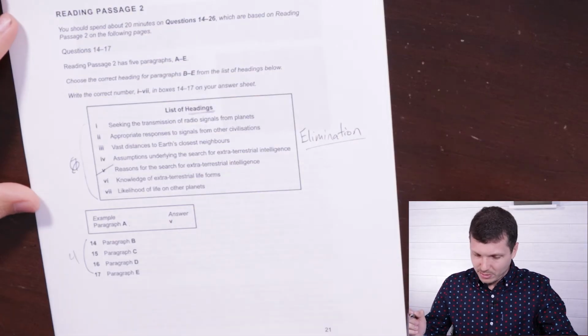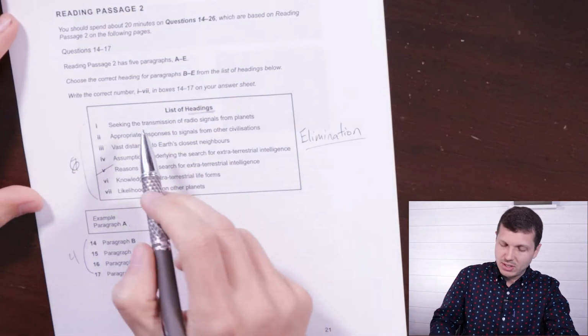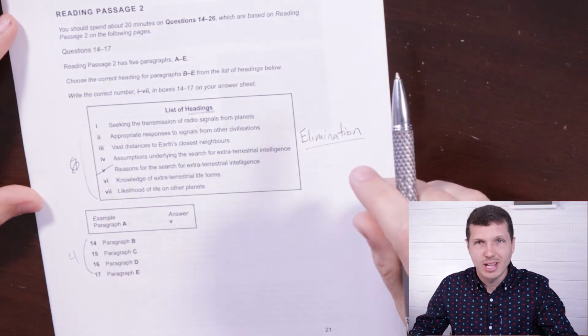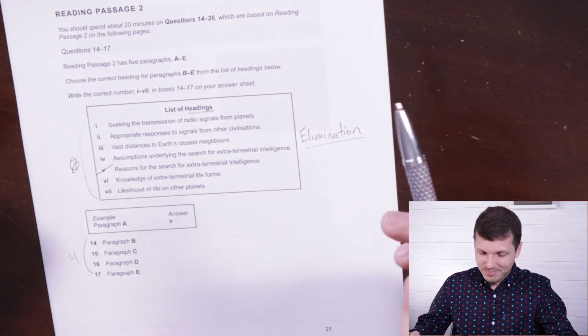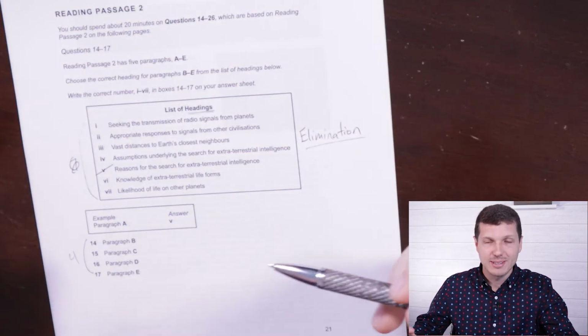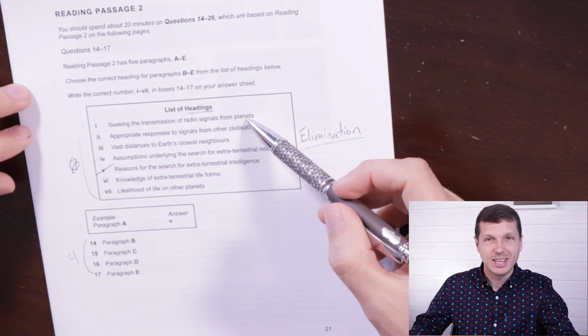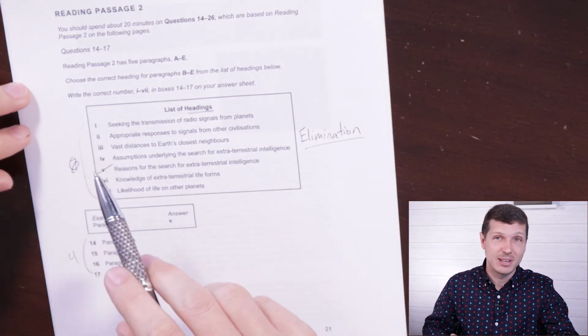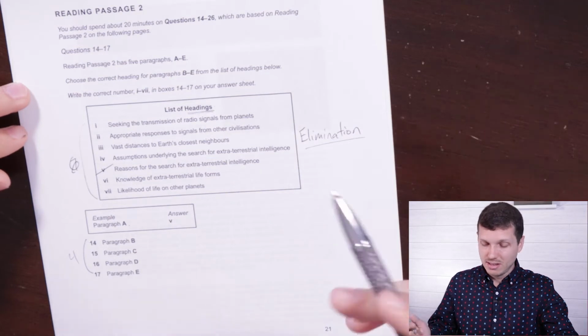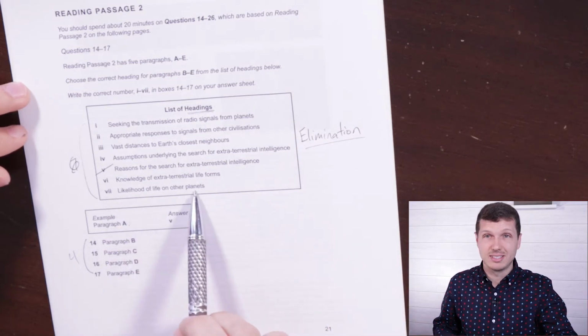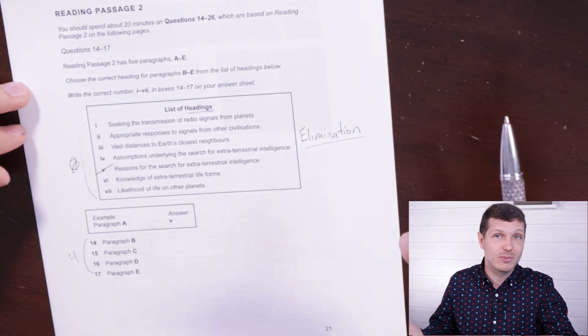So what should we do next? We should read the questions and underline our keywords, right? That's what I like to do. Well, yes, I do that, but I also know that keywords are a little bit less helpful in the list of headings. Why? Because these are not full sentences, right? These are just phrases.